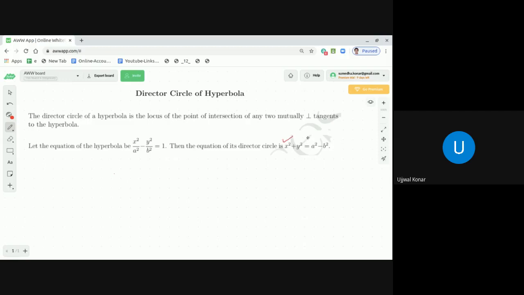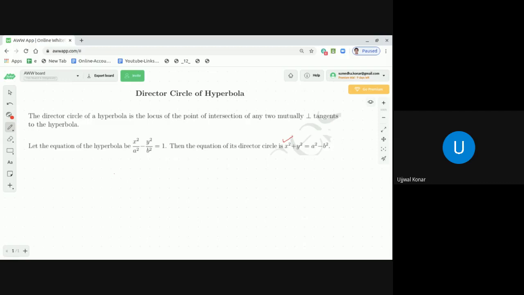That means the director circle has the same center as the hyperbola, in this case the origin, and the radius is square root of a square minus b square.